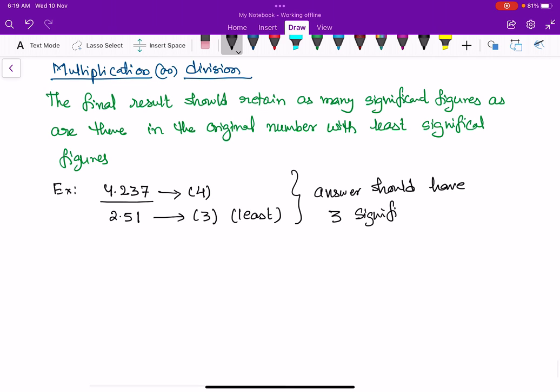This is the simple way we can write it. Now we shall see a simple problem for the case of multiplication and division.